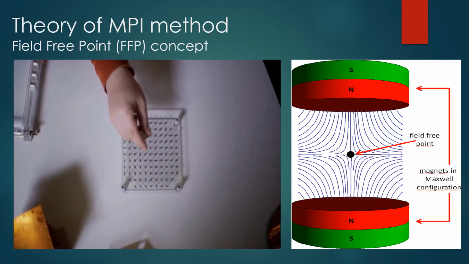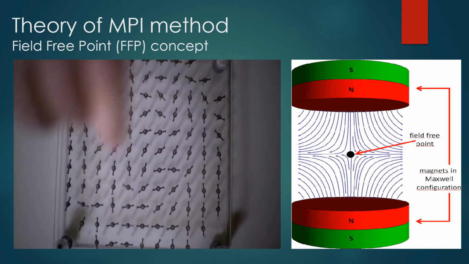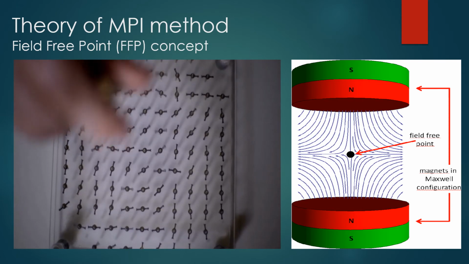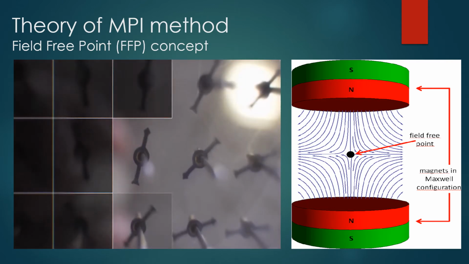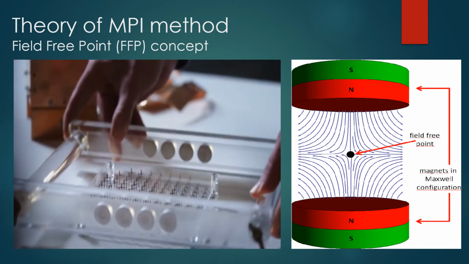Here there are lots of magnetic needles, and when we apply the magnet on them, they are interacting and they are spinning. So it shows they are not saturated here. But we use a trick.